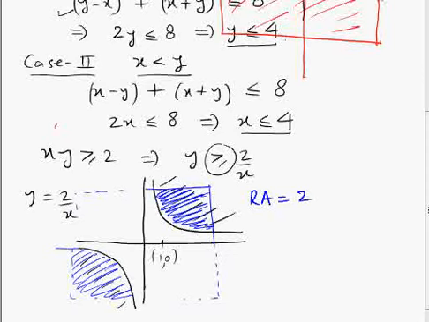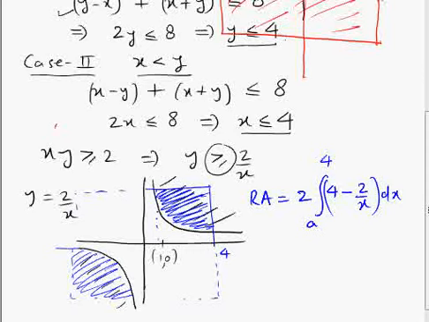So we say the required area is 2 times the area in the first quadrant. The area in the first quadrant is from the first point of intersection, say A, to the second point of intersection, that is 4. Upper curve minus lower curve. The upper curve is the y equals 4 line, so 4 minus the lower curve, that is 2 by x, dx.